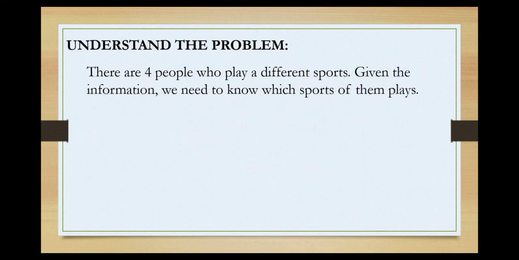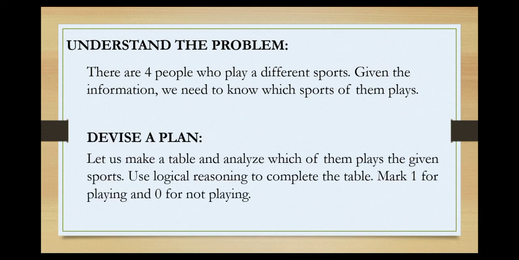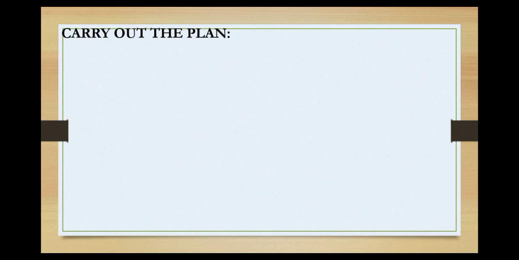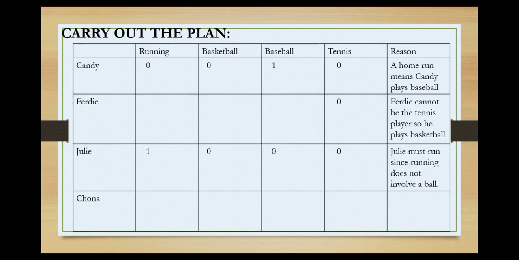Understand the problem. There are 4 people who play different sports. Given the information, we need to know which sport each of them plays. Devise a plan. Let's make a table and analyze which of them plays the given sports. Use logical reasoning to complete the table. Mark 1 for playing and 0 for not playing. So this is the table.